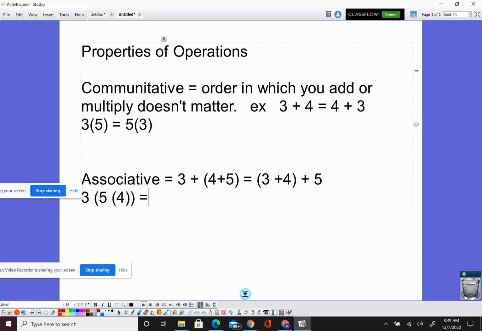That is equal to the same thing as 3 times 5 times 4.